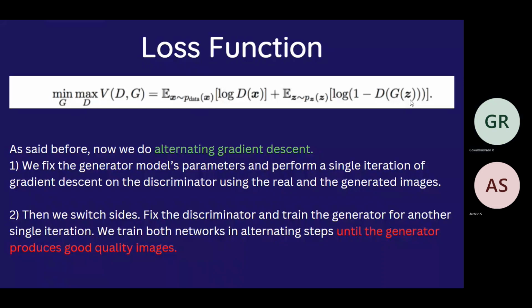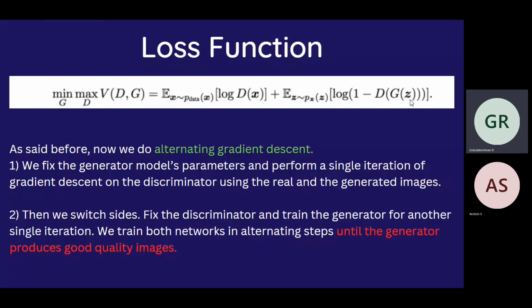Max D says that with respect to the discriminator, the RHS is basically the same as the discriminator loss function. You're making D(x) 1 and D(G(z)) 0, so essentially you're maximizing the whole RHS. That's the notation given on the LHS. What's written here is basically what we have seen.